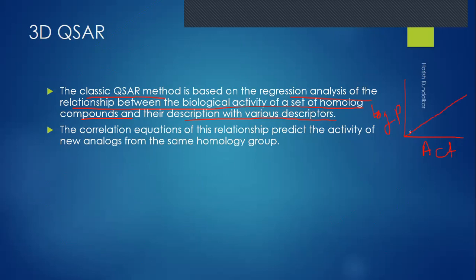For a given series, if activity and log P are linearly correlated, then for an unknown molecule from that series, we can extrapolate and find out on the basis of log P what the activity would be. That is how the usual classical QSAR methods are used. The correlation equations of these relationships predict the activity of new analogs from the same homologous group.